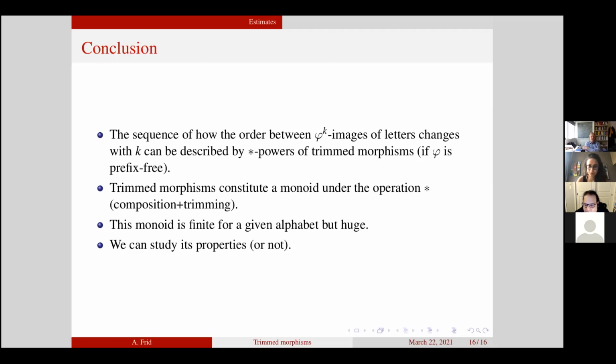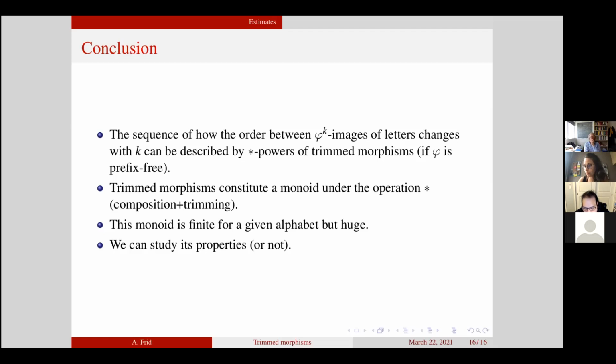Yes, well, it is not trimmed if it is just something like AABB. We should add how the two images starting with A diverge, by which letters they diverge. So for the morphism to be trimmed, we need more information. We need some more columns.